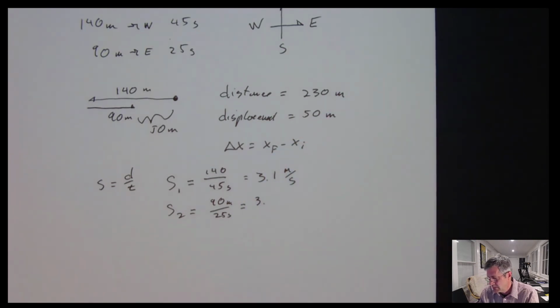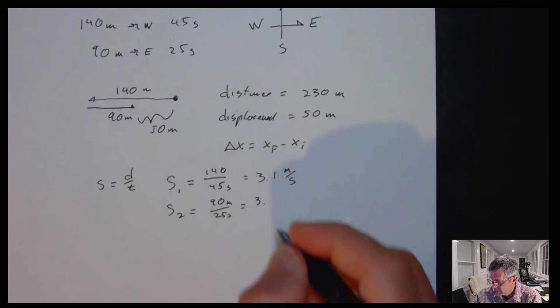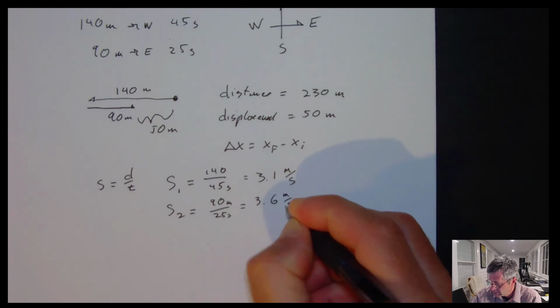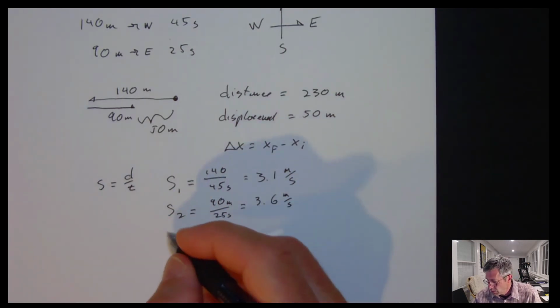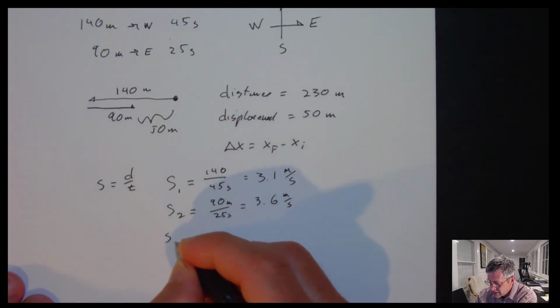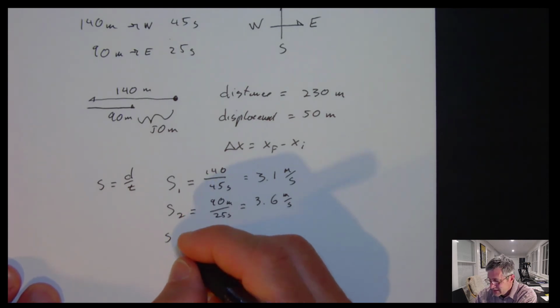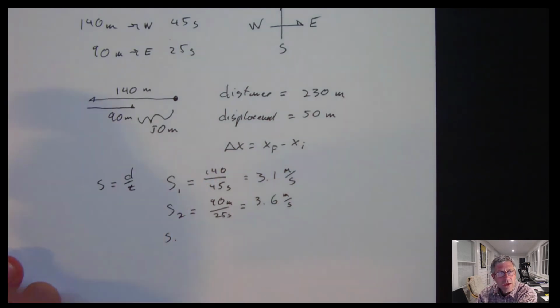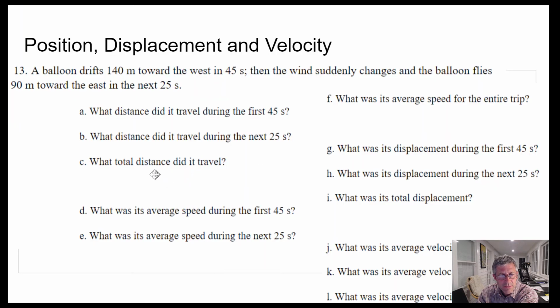No, I should calculate good numbers. Okay, 90 divided by 25, 3.6 meters per second. And total distance, so my displacement, my velocity, what are they asking for? Asking for velocity, or what is the average speed for the entire trip?